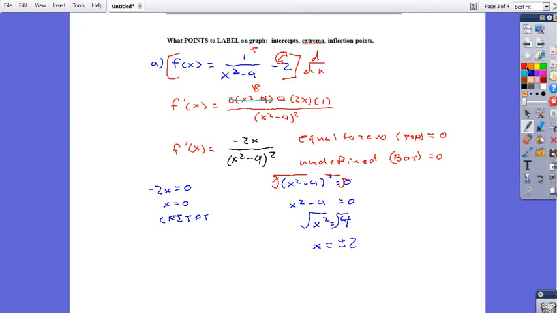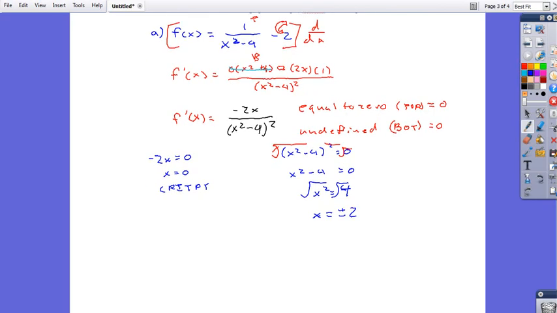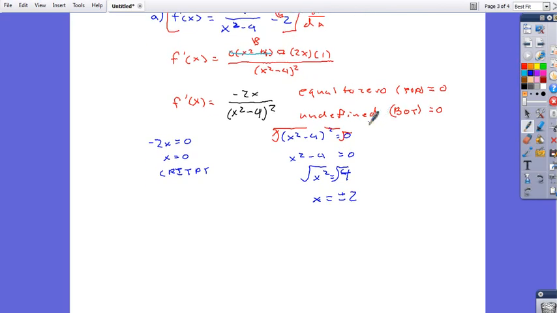So what we have here are our critical points, where the derivative is undefined and where the derivative is equal to 0. Cool beans.